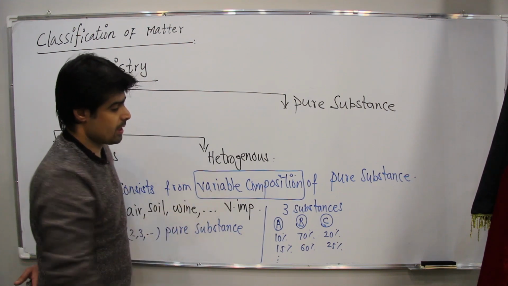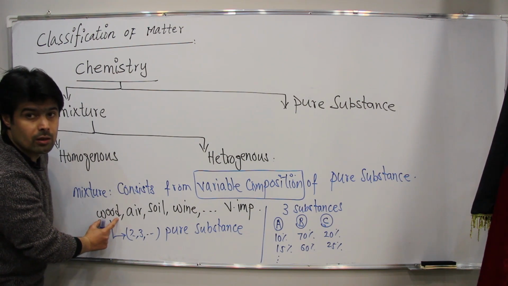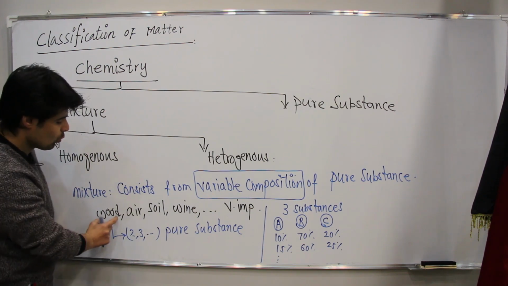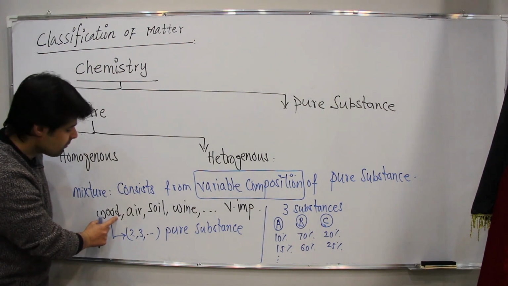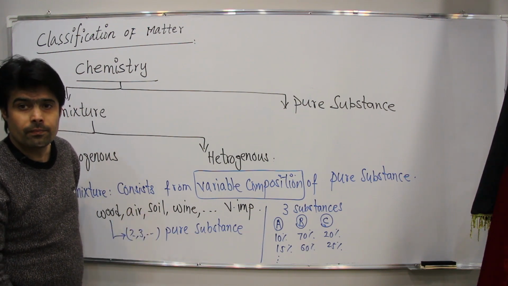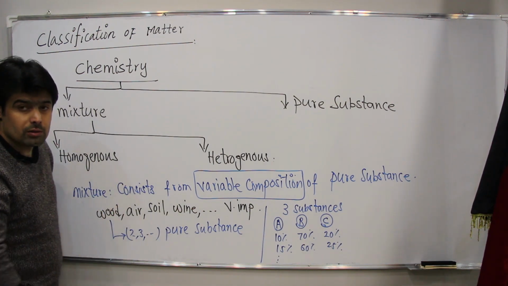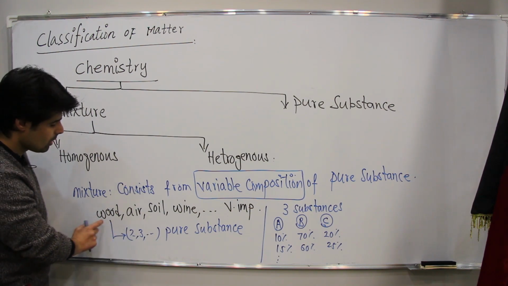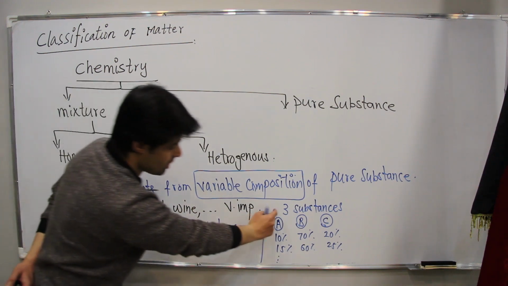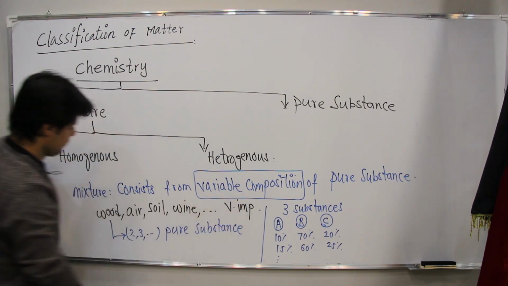It's not constant. For example, wood which is planted in the UK is different from wood planted in the US. Wood planted in India is different from wood planted in Afghanistan. According to circumstances, the society, the soil in which we plant the wood, the percentages are different. Now, this is the main characteristic of a mixture.